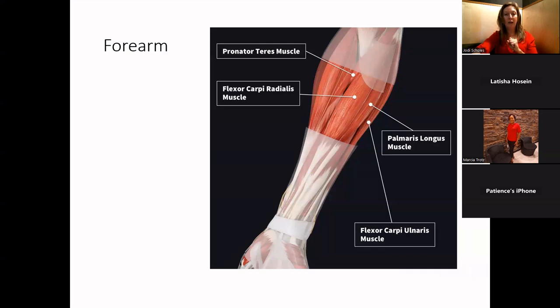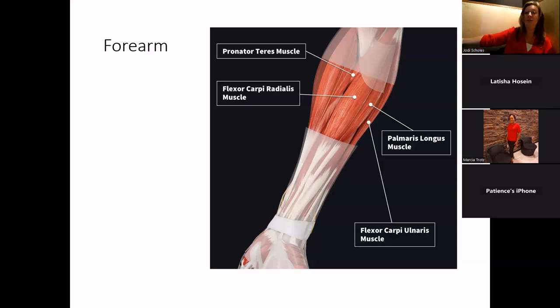Final part of our anatomy for today is the forearm muscles. We're not going to get specific about, this is named the carpi radialis, the palmaris longus. What I'd like you to know is that there are flexors of the forearm and extensors of the forearm.